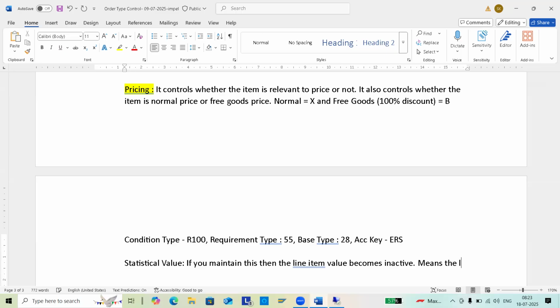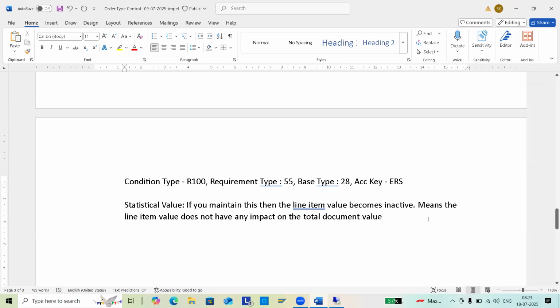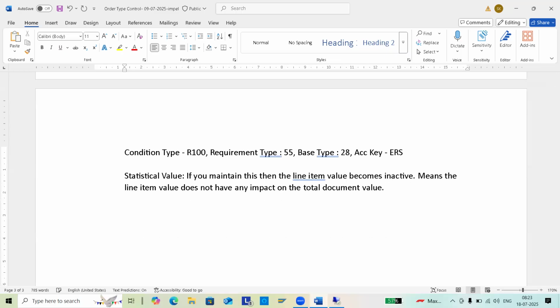Means the line item value does not have any impact on the total document value. Are you guys clear?